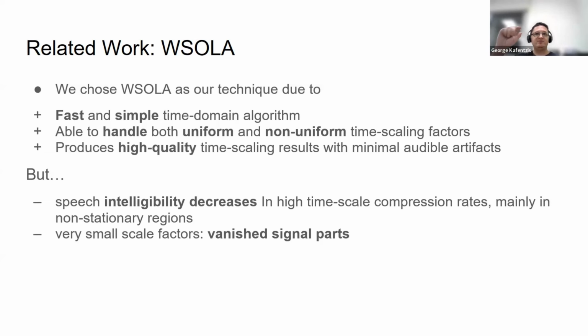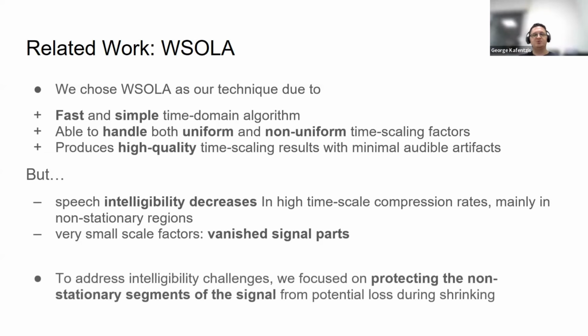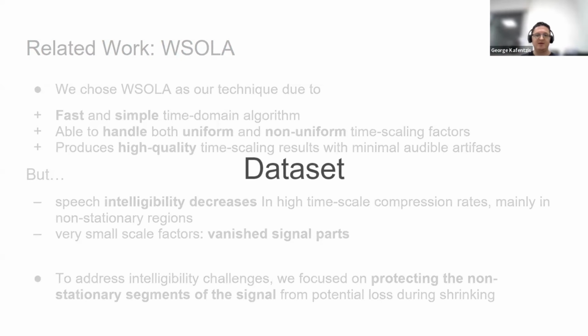And this is due to the vanishing parts of speech due to the compression. So to address these intelligibility issues, we thought of protecting parts of speech that are vulnerable to compression, such as plosives, stop sounds, transient parts of speech, etc.